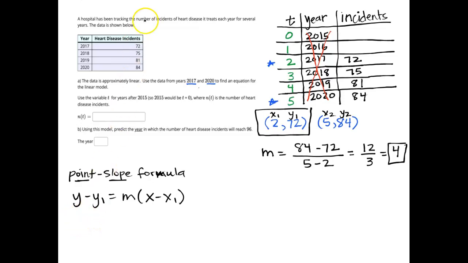So I'll have y minus 72 equals m, which we found to be 4, times x minus x1, which is 2. All right, and then if I simplify this, y minus 72 equals 4x minus 8.